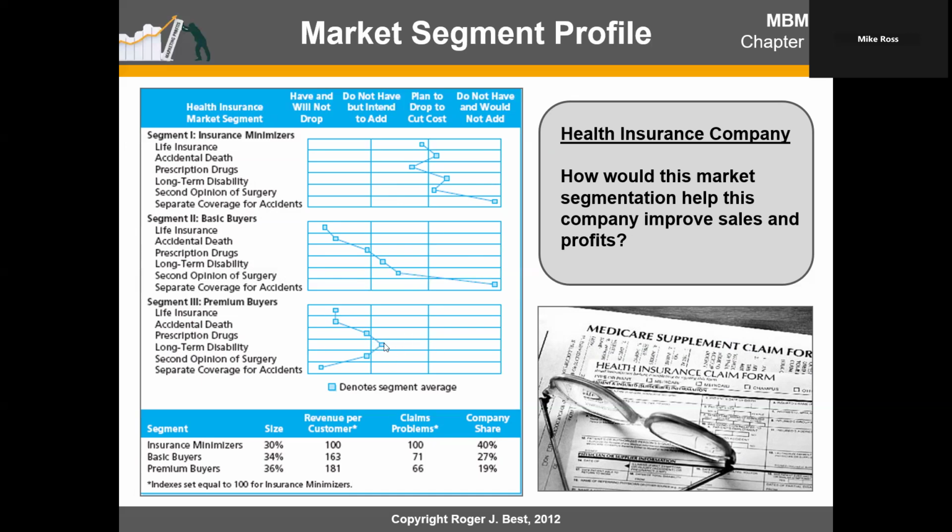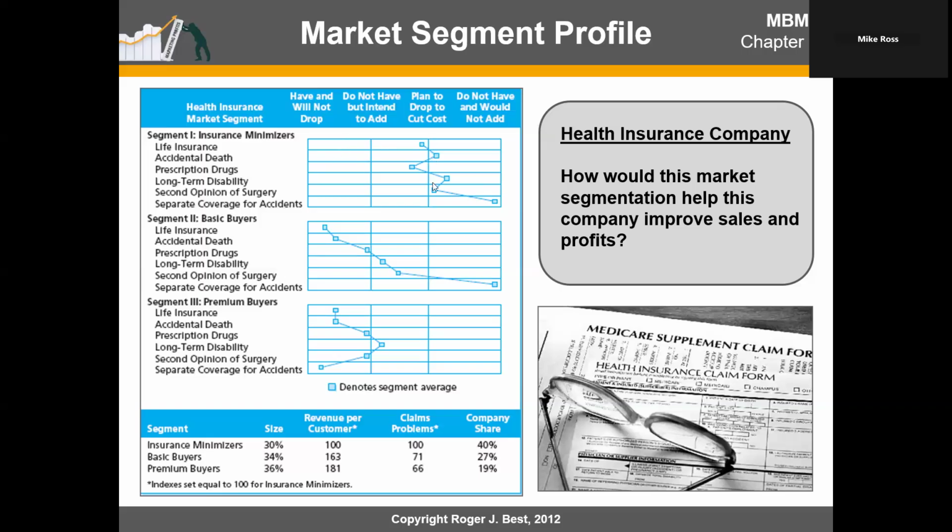I want to make sure that, as I get older, I might need more healthcare support. And so, if I'm State Farm, or Anthem, Blue Cross Blue Shield, I'm going to view these different market segments, minimizers, basic, and premium, in different ways. And I'm going to create different offerings based upon each one of those different profiles.